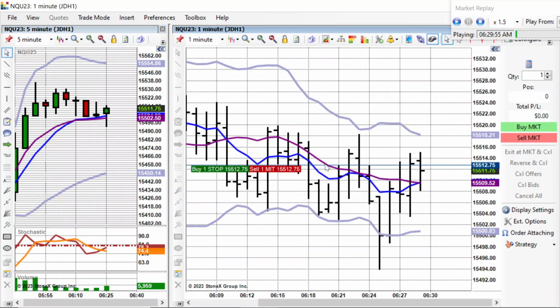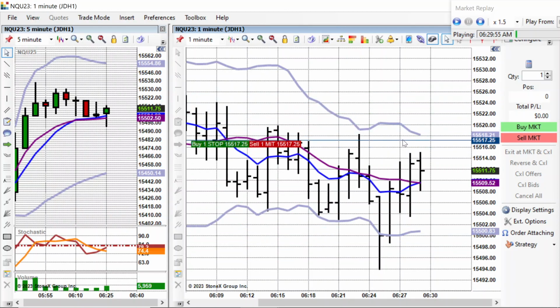I just call it an SMA line. And that's what the Bollinger Bands are based on, the standard deviation from the 14 simple moving average. And this whole thing together is a Bollinger Band indicator.